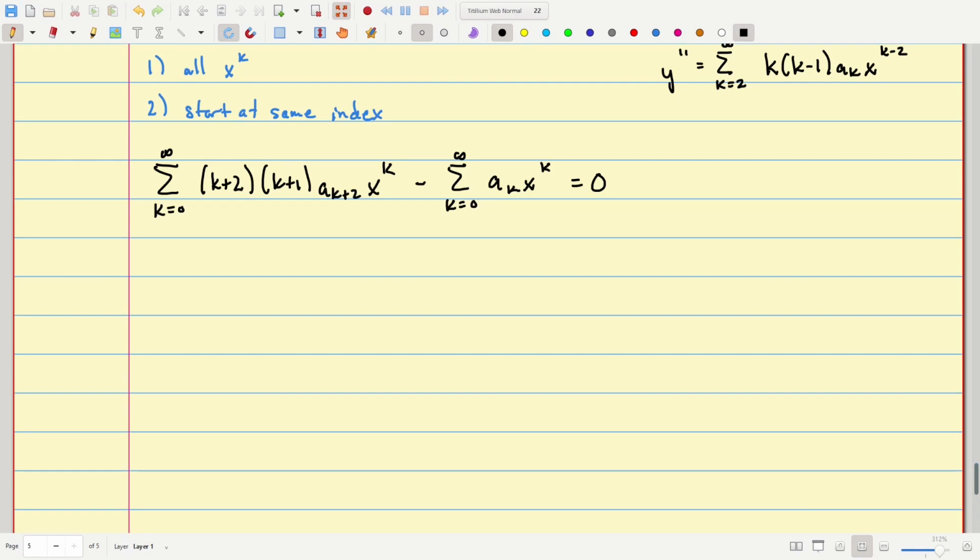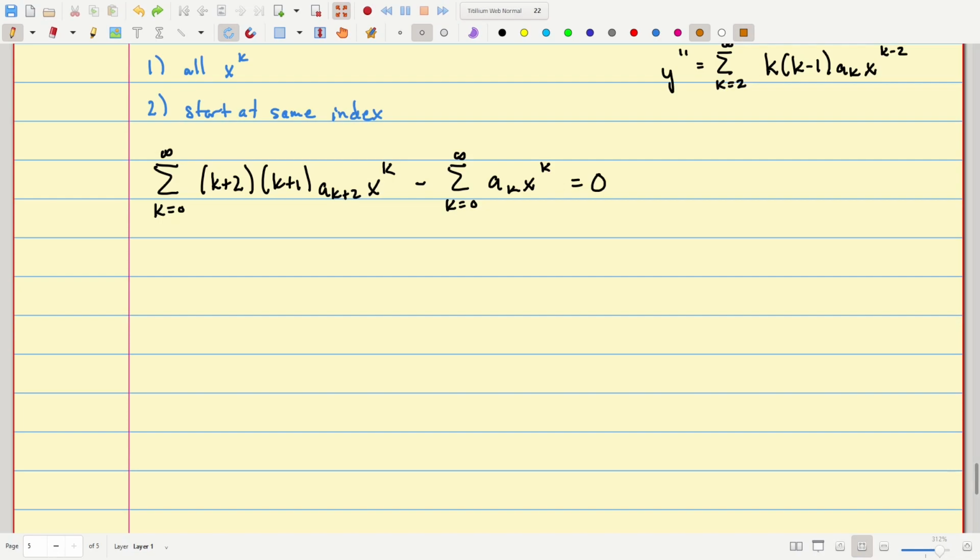Now, in this problem, we have gotten lucky because these already match. That will almost never happen. But if they didn't match, you would pick the one that's the biggest and then peel off terms from the other ones until they all start at the same thing.